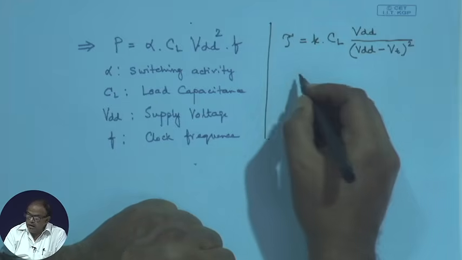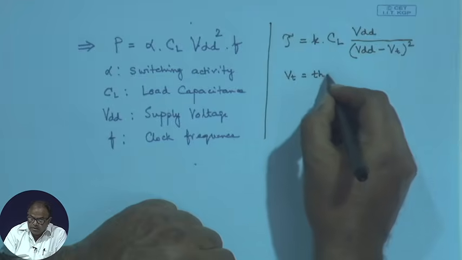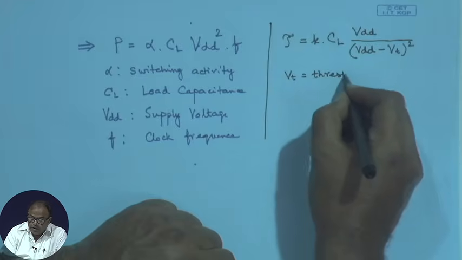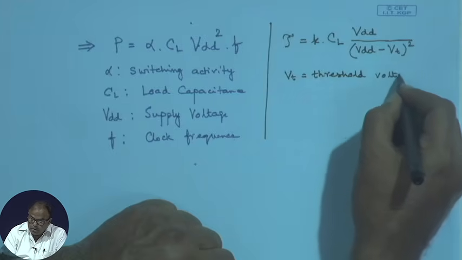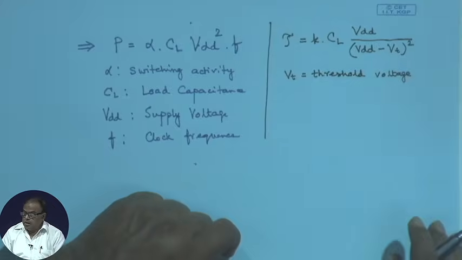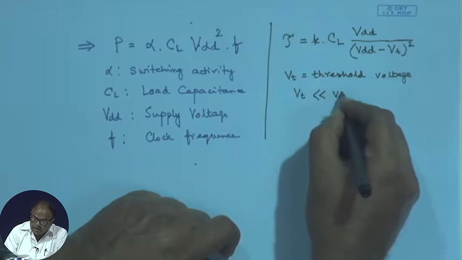Here again Vt is the threshold voltage, that is dependent on the device design. And actually Vt is much less than VDD.